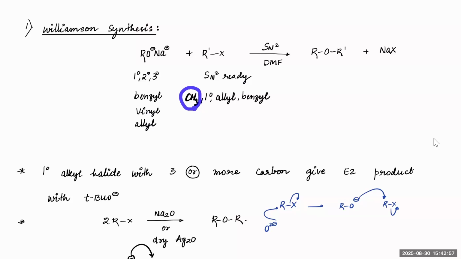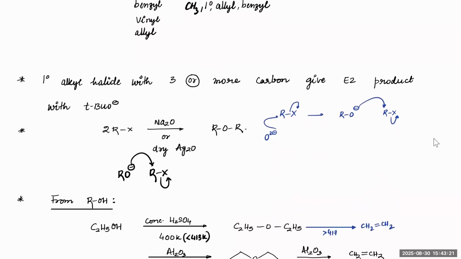SN2 ready means it has to be either methyl, 1 degree, allyl, benzyl, only these kinds. So if you have SN2 ready, then RO minus will attack here, X minus will be left. So that gives us RO R dash with NaX here. Clear? So this is Williamson synthesis.